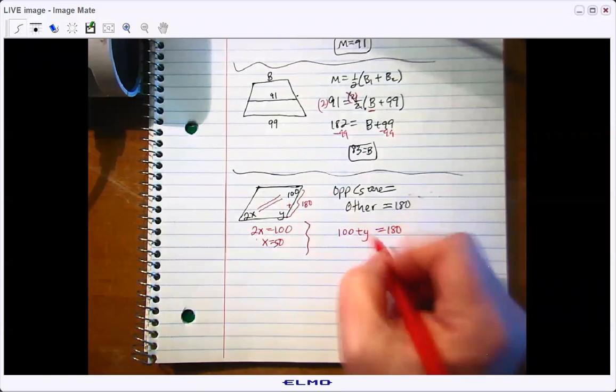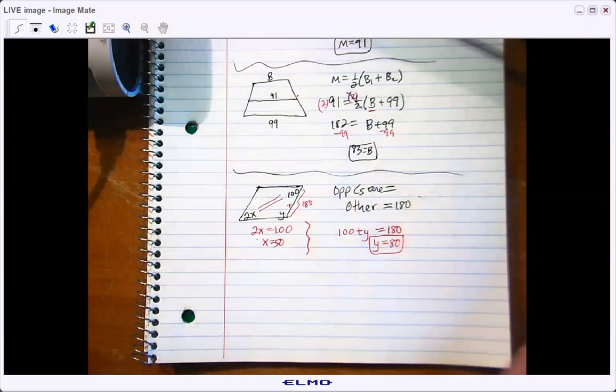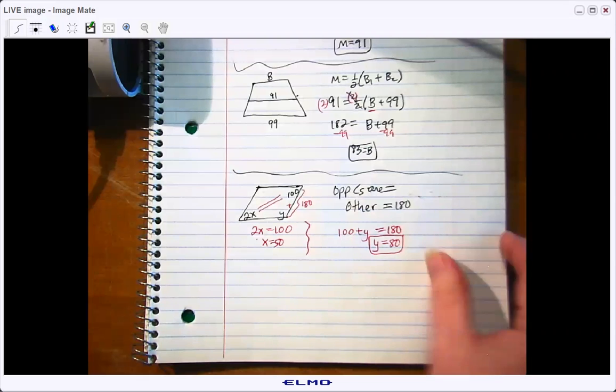If you subtract 100 on both sides, you get y equals 80. Questions on those? Okay, anybody still writing?